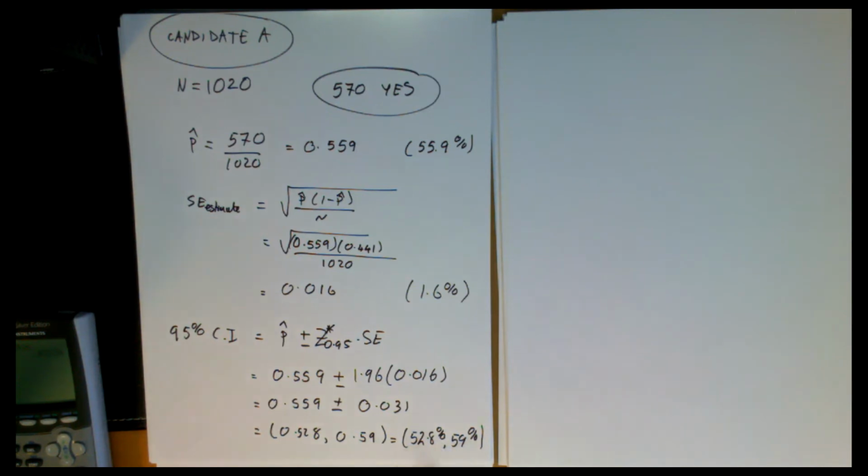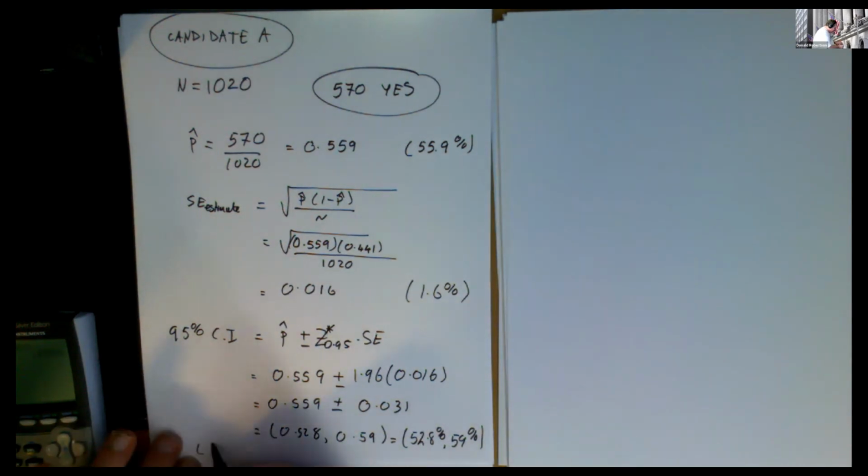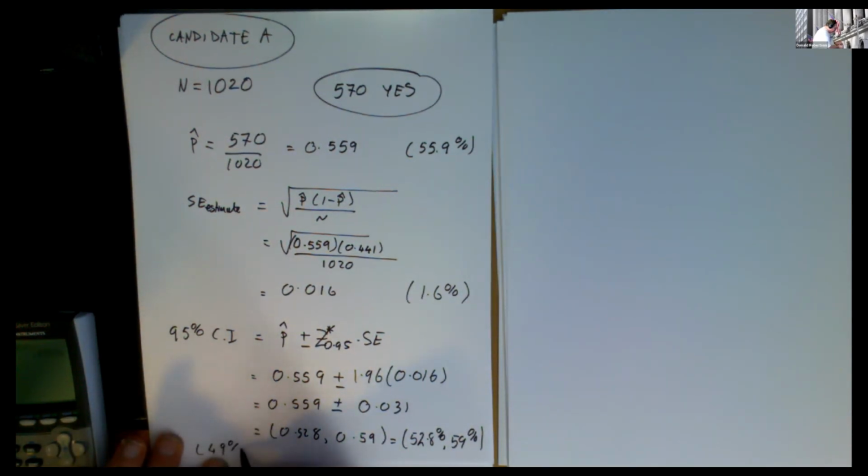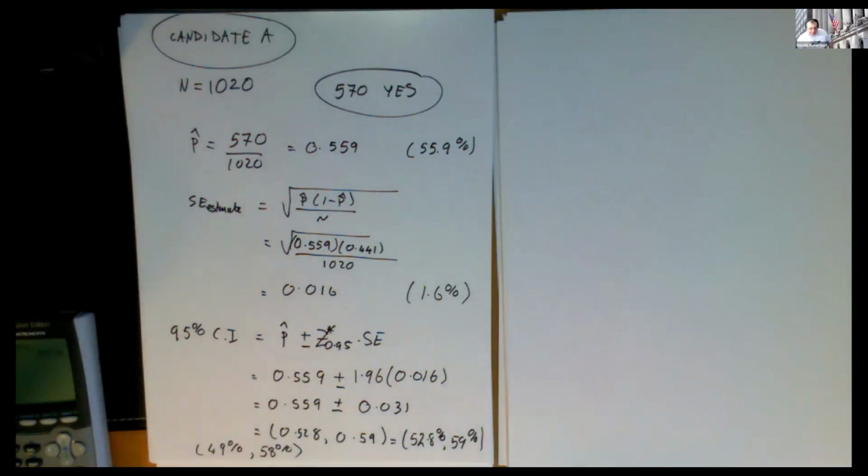Right. If I did a different question, let's pretend the numbers just came out different. And let's pretend that the numbers were 49 to 58%, just for argument's sake. If that had been the confidence interval that we created, you can't say that candidate A is going to win the election.